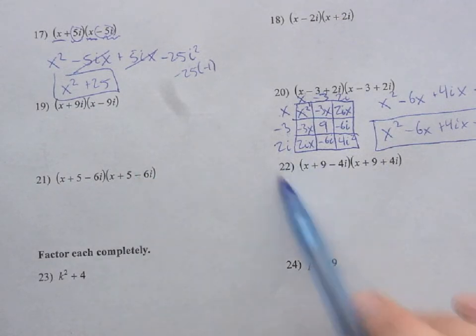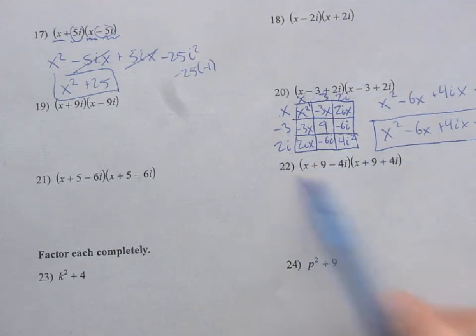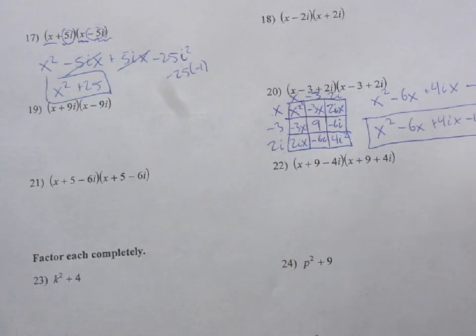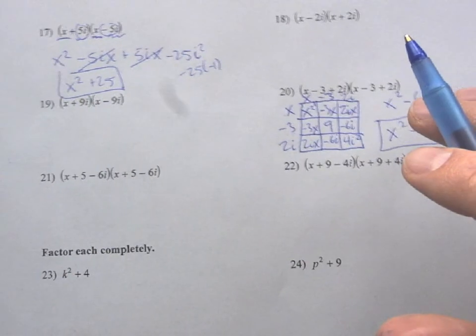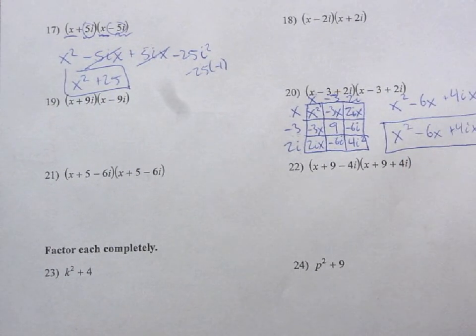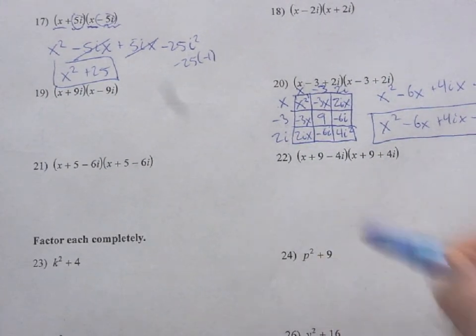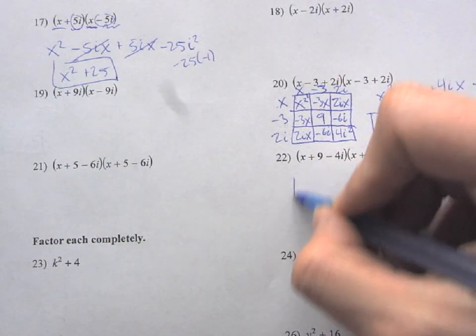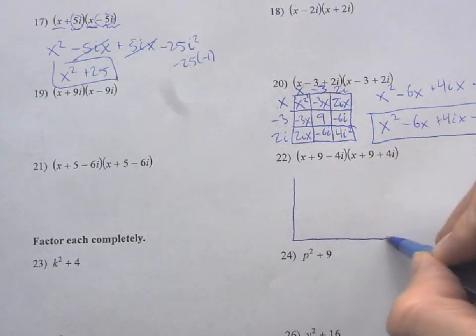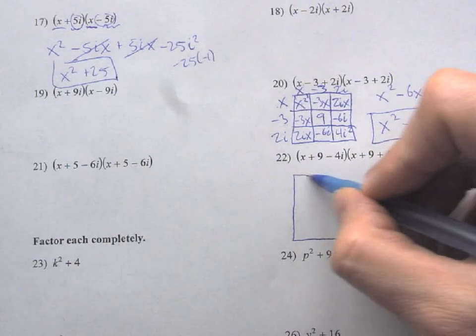So, 22 is probably the better one to do. So, let's do that one together. Don't worry about 21, or you can scrap that one. That's like a typo. That's my bad. But this one, 22, is actually what I want to show you. 22 is a better problem.